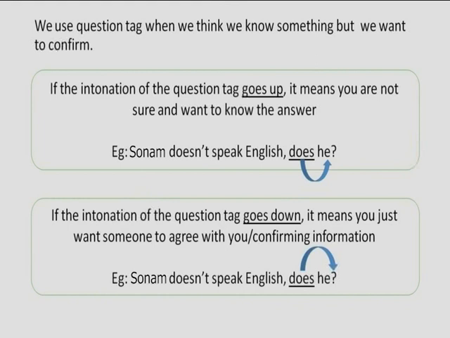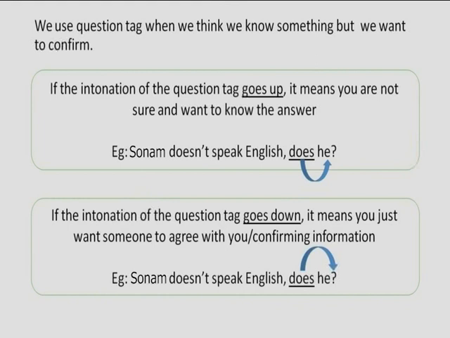Example: Sonam doesn't speak English, does he? Can you see the underlined word, the question tag, does? Does he? Your intonation should go up. Are you getting me? That means you want to know the answer. You want to make sure, right?